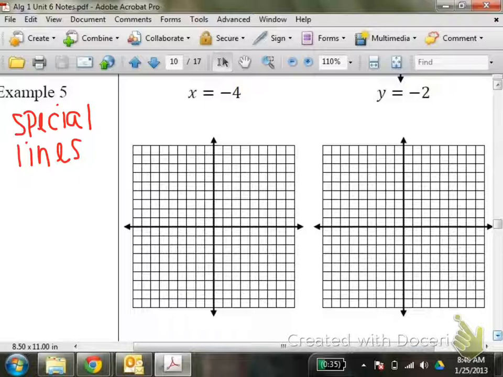Go back and look at your notes from yesterday. There's 2 types of lines that we're going to be looking at. Vertical and horizontal. If there's no y at all, which one do you guys think is the vertical line? The x or the y one?